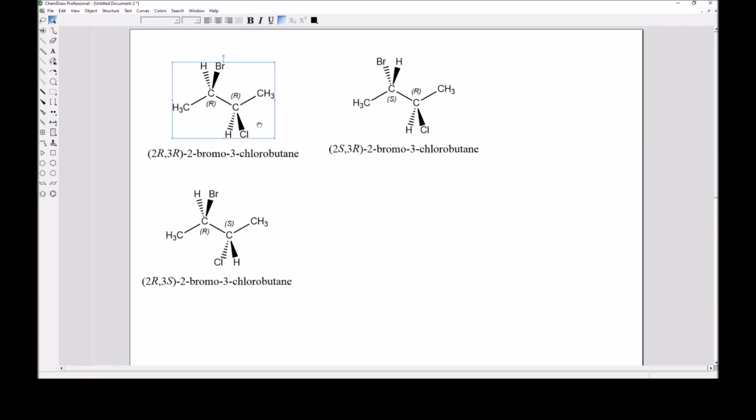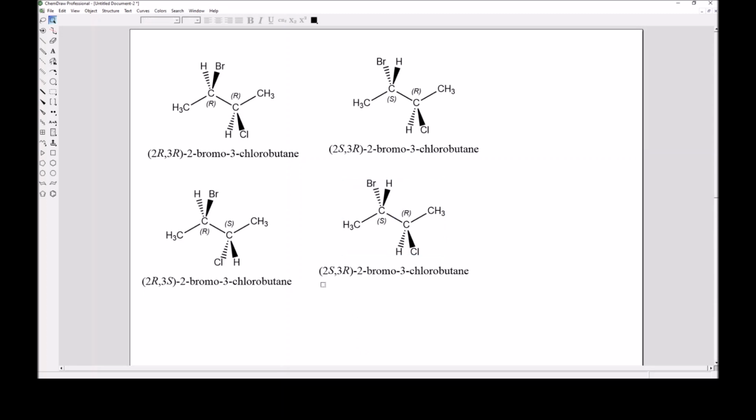And the last one that I'm going to show you, and the last one that does exist, is where we flip both of these stereocenters. So I'll flip the hydrogen and the bromine, and then I'll flip the chlorine and this hydrogen right there. And so this should be the third one.